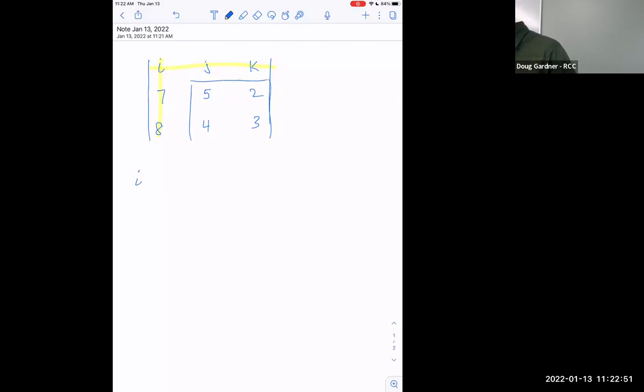A little 2 by 2 matrix, and we know how to take the cross product of that. We go 5 times 3, always minus 4 times 2. Does that make sense? And so there's our I value, sort of our X value of our rotation. Okay, cool.